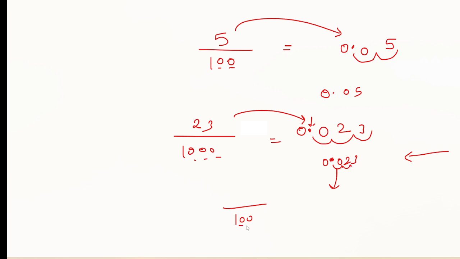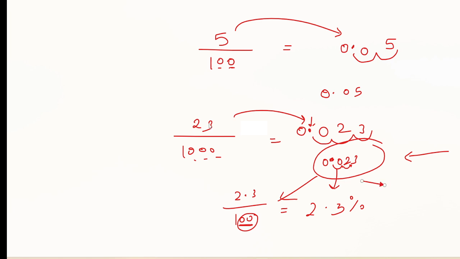Why 2 places? Because there are two zeros in the denominator, right? Now I got 2.3. So the percentage would be 2.3%, right? So the number of zeros in the denominator is what matters, because here I am converting a decimal into a fraction. That's why I am moving in the opposite direction.